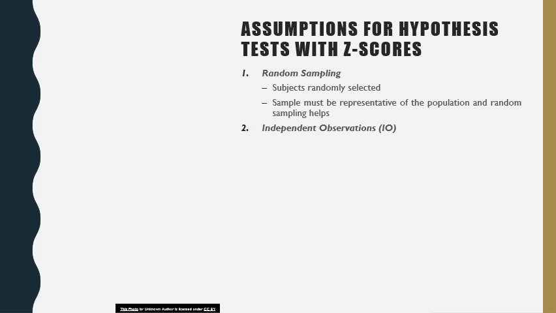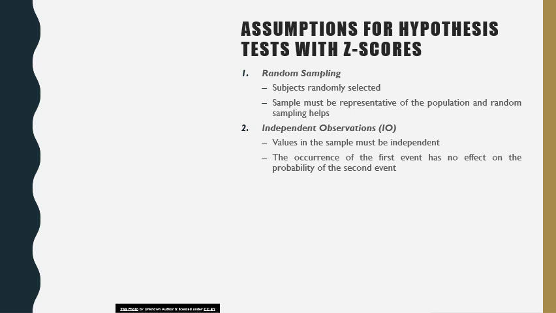The second thing, we need independent observations, or what statisticians call I.I.D. Values in the sample must be independent of each other. The occurrence of the first event has no effect on the probability of the second event. You can't have the same person in group 1 and group 2. You can't have related people in different groups.